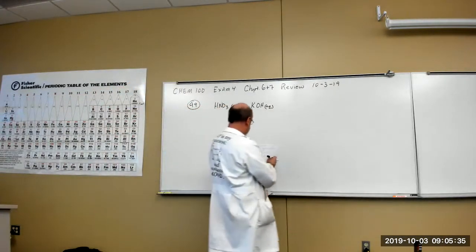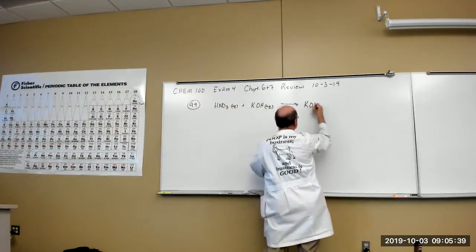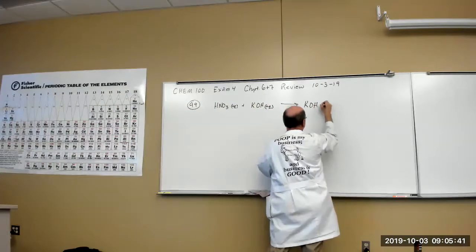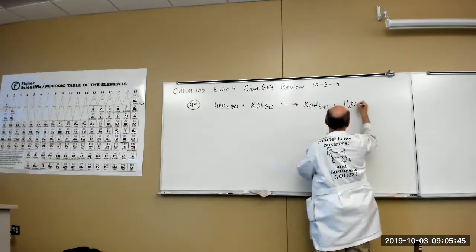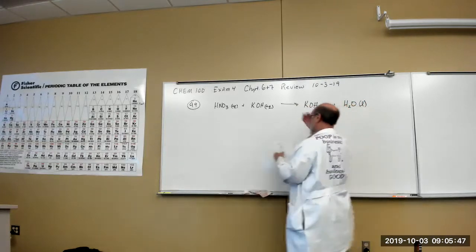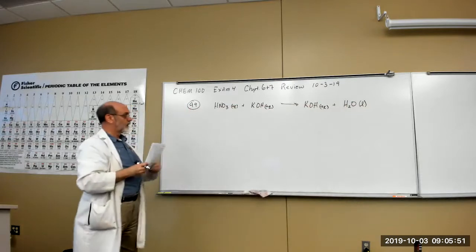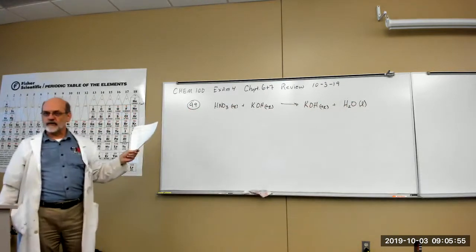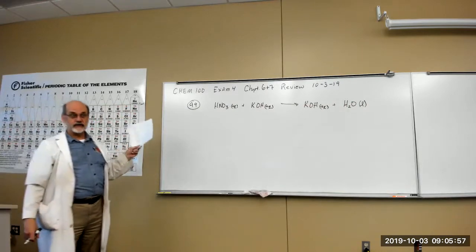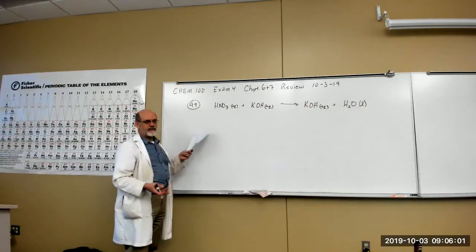So our reaction for 99 is this, and it produces this plus this. Now, this is one, the driving force for this reaction we didn't cover in that previous question, right? Probably because you can't see it happening.